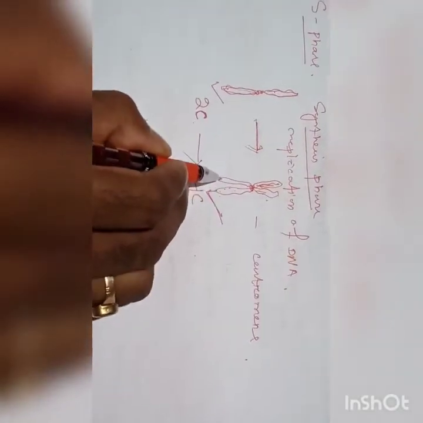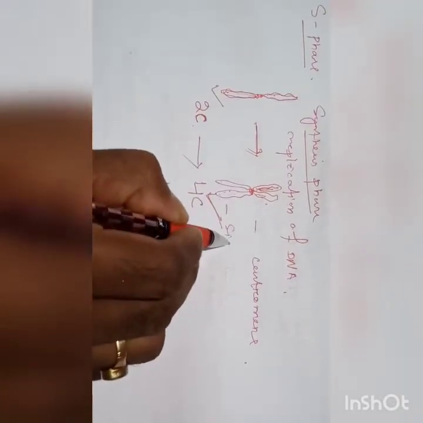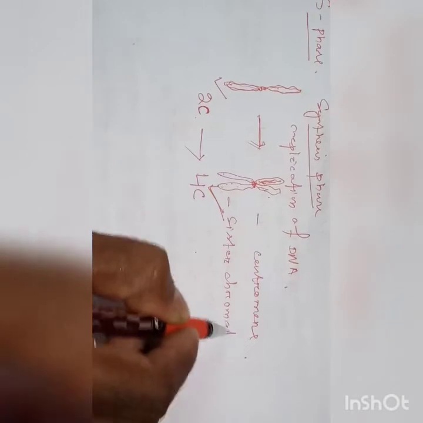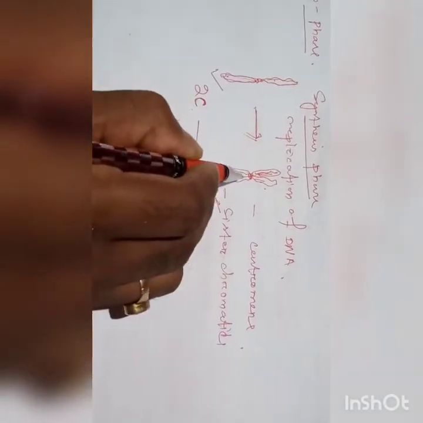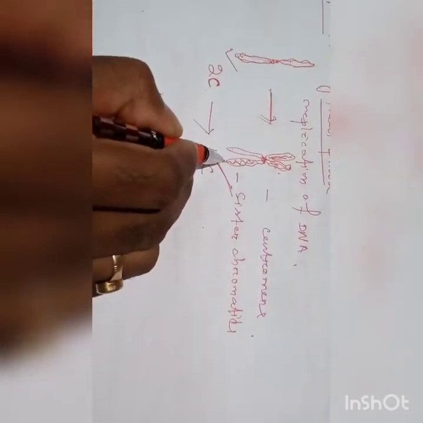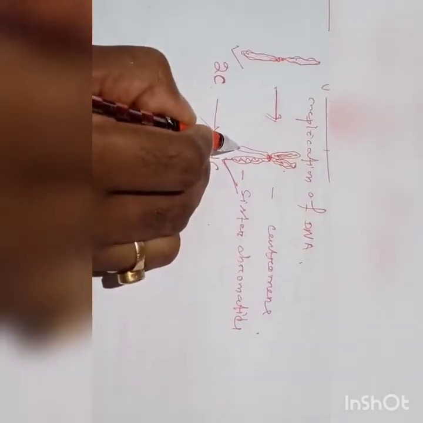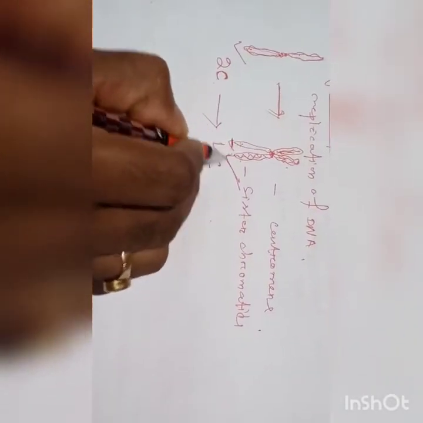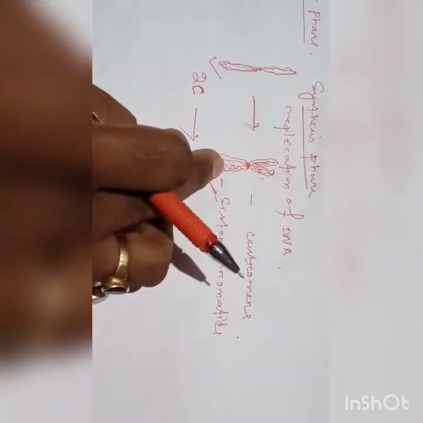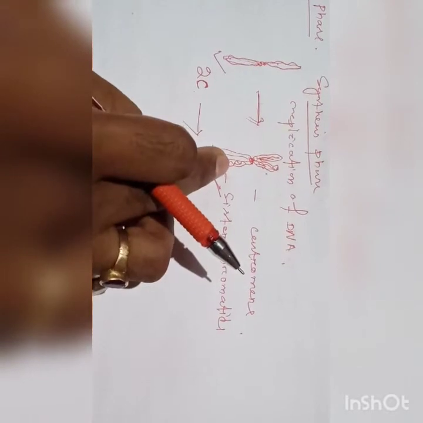And these two chromatids are called sister chromatids, because the newly synthesized DNA is the exact copy of this chromatid. They separate in the anaphase of mitosis.